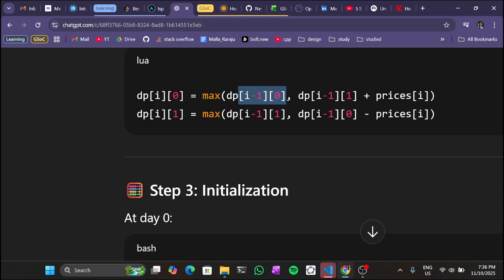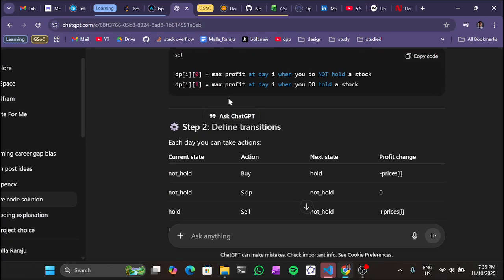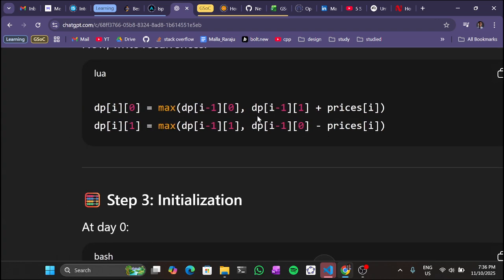So if you do not hold the stock, then for the profit you have to sell the stock. So dp of i minus 1 of 1.